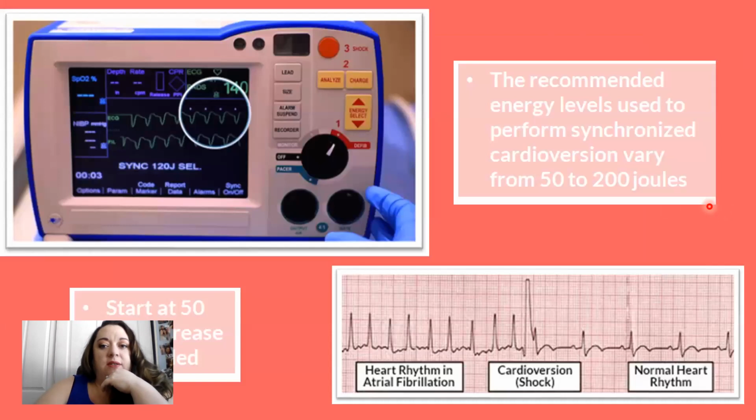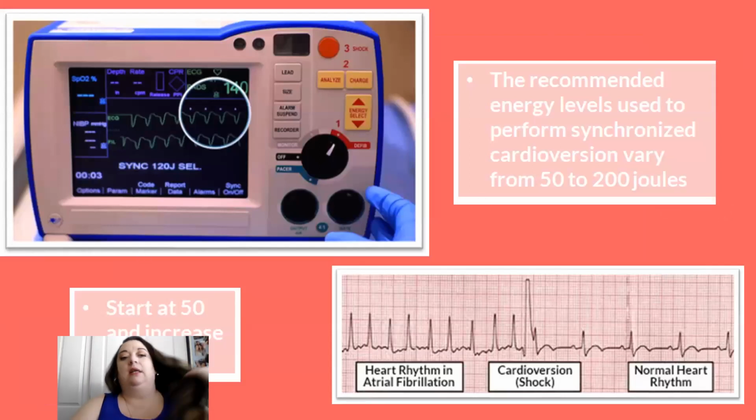So cardioversion versus defibrillation. Yeah, I'll get into that next. Okay. So cardioversion, I'm fairly certain, I don't know if we have this function on our monitor, I'm going to have to check. But when you have an alive patient with a pulse that is in a rhythm you don't want them in, we can shock them, or the proper term is cardiovert, meaning that we're trying to convert the rhythm using electricity.